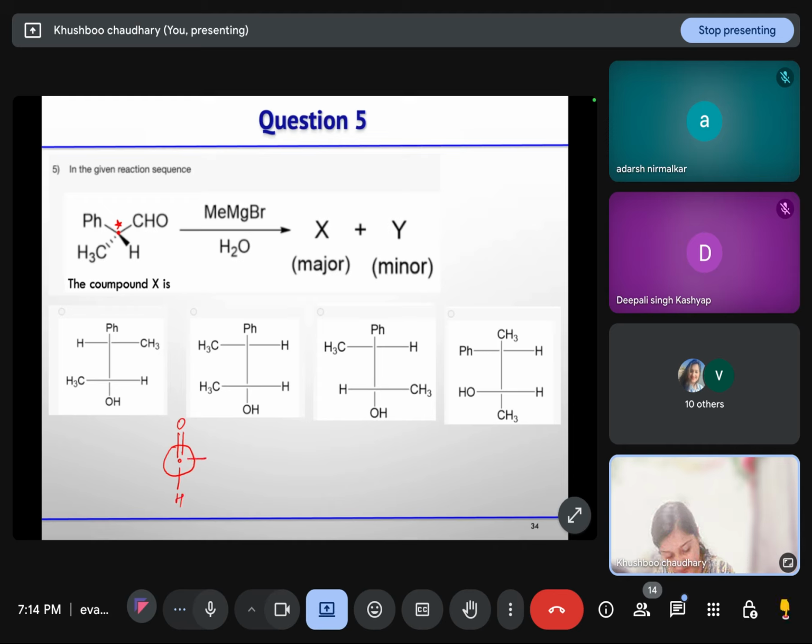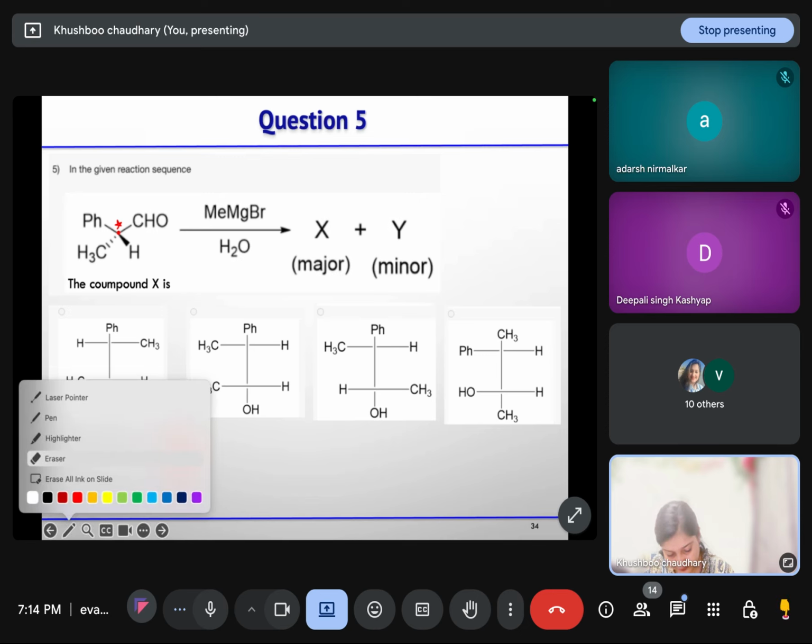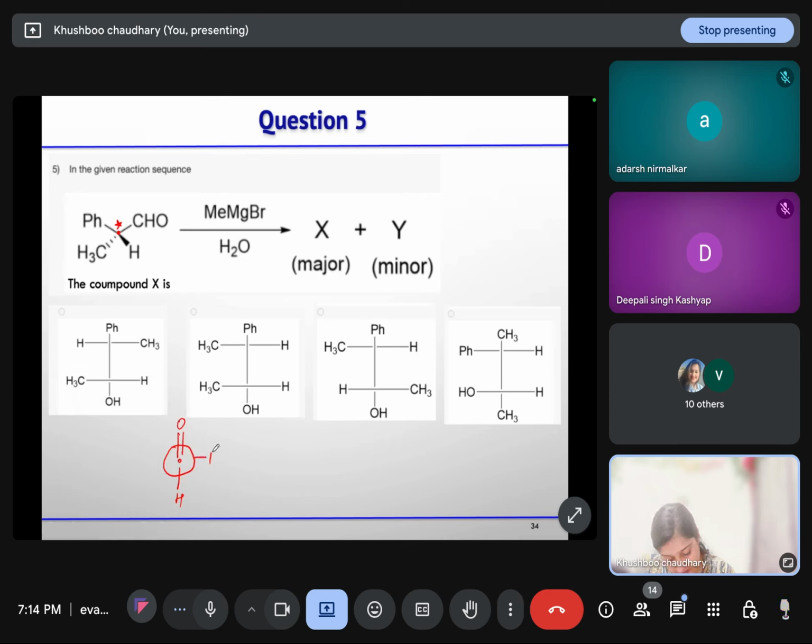Now phenyl. We will keep it perpendicular because that is the bulky group. Then hydrogen is above, methyl is below. Correct? Any doubt in this Newman projection?